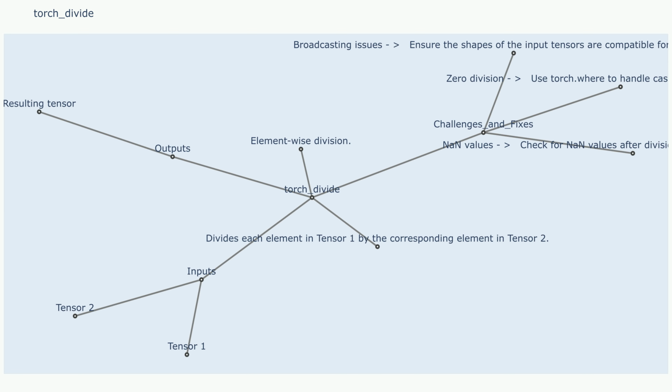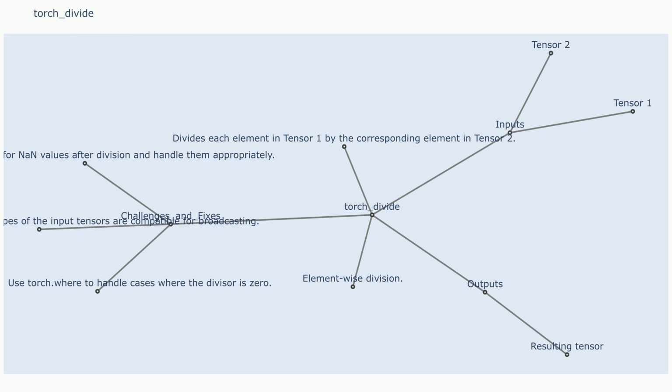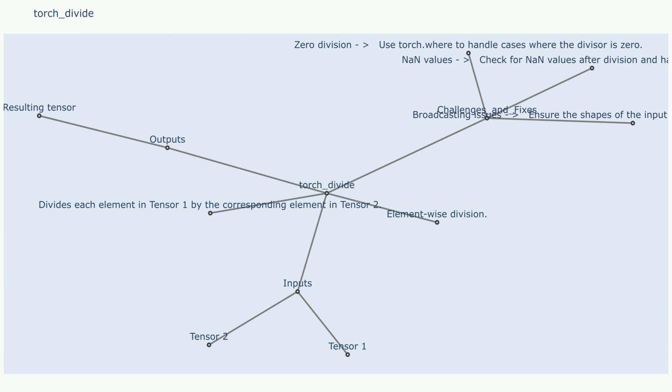torch.divide. Description: the torch.divide function performs element-wise division of two tensors. It offers different modes for handling division by 0 and supports broadcasting. Inputs: Input 1, a torch tensor representing the dividend. Input 2, a torch tensor representing the divisor.